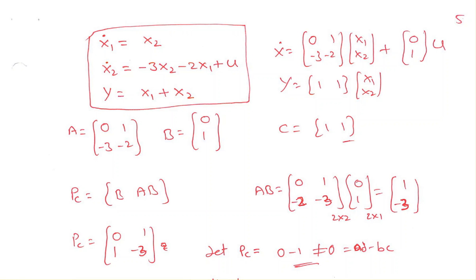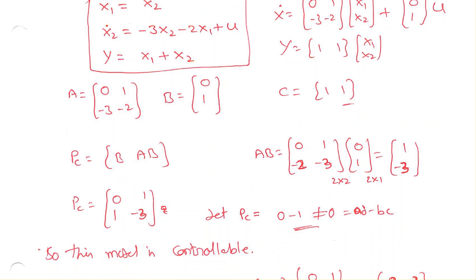Whether it is controllable or not, you find out by using the A and B matrices. First write down B equal to [0; 1]. AB I found to be [1; minus 3]. So PC equal to [0, 1; 1, minus 3]. The determinant of PC is not equal to 0, so the model is controllable.